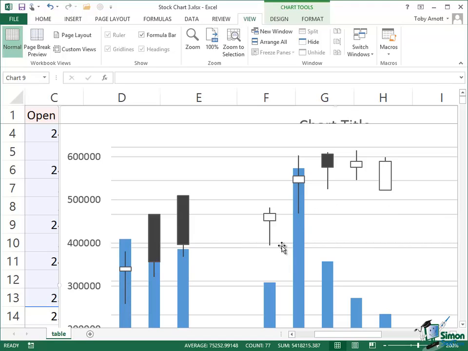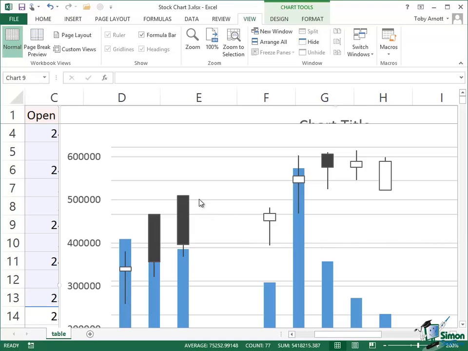So during the period in question, whether it's a day or a week or a month or whatever, the lowest price is the bottom of the lower wick, the highest price is the top of the upper wick. The body represents the range between the open and close. For a white candlestick, therefore, the bottom of the body indicates the opening price and the top of the body represents the closing price.